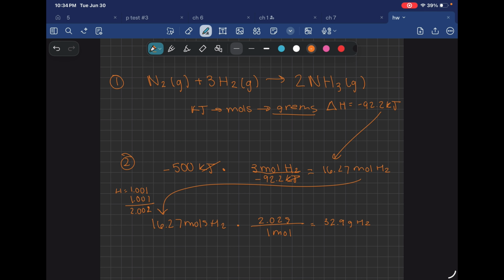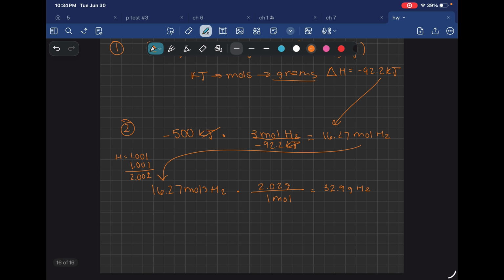We've got our grams, and now from here, let's write out our final answer. So now that we have our answer in grams, it shows that 32.9 grams of hydrogen gas must react with 500 kilojoules of heat.